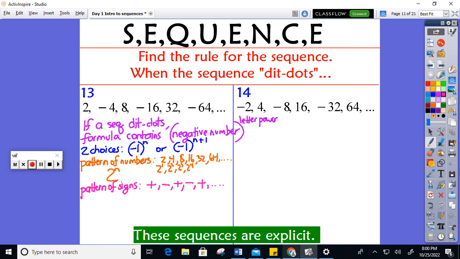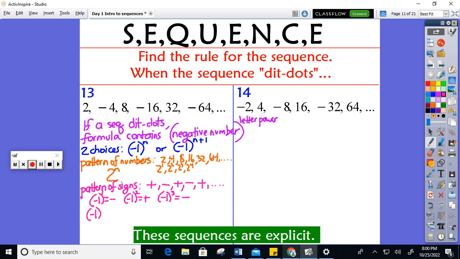Now notice, if I start with -1 to the first, that's going to be negative. Then -1 to the second, that's going to be positive. Then -1 to the third would be negative again. Well, if I use the -1 to the n option, that's making my signs dit dot negative, positive, negative, positive. So that's not what I want. So now try the other one.